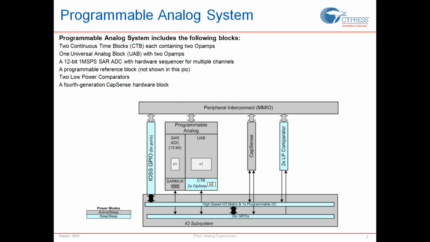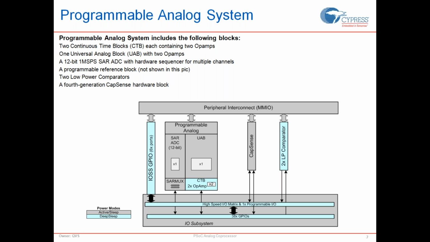We have a SAR ADC, which is a 12-bit, one MSPS SAR ADC, a mux that would let you mux all the input lines into the SAR ADC, and two continuous time blocks. Each continuous time block incorporates two op-amps, so you could build naked op-amps out of it, or you could use it as a programmable gain amplifier with internal resistors.